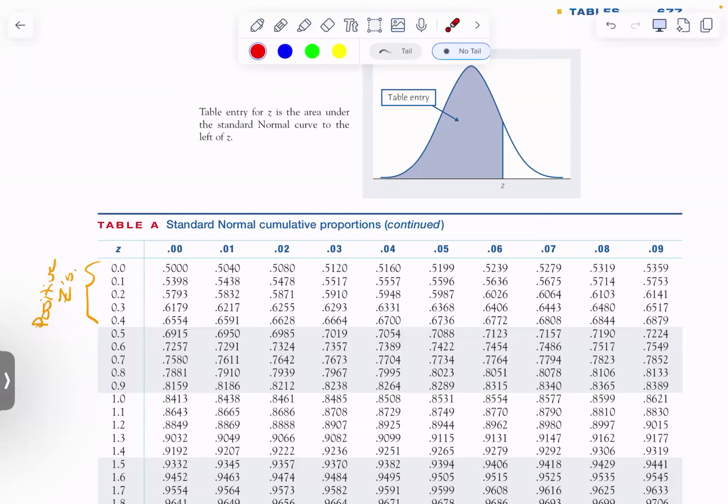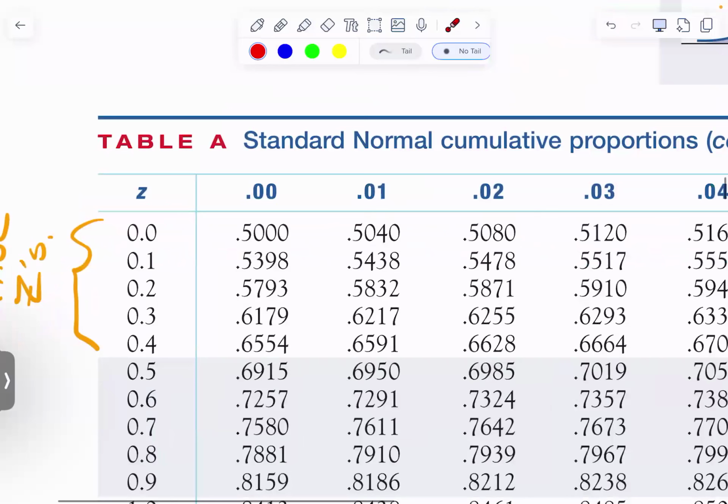And that is exactly what we get if you plug in a Z of 0.00: 0.5. So it's the value that splits the table in half.